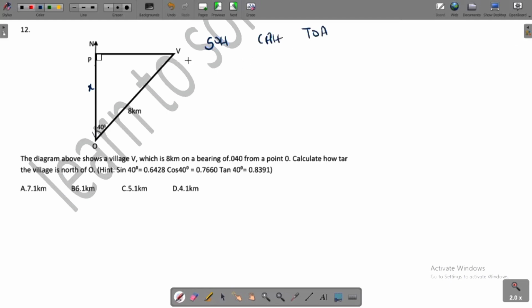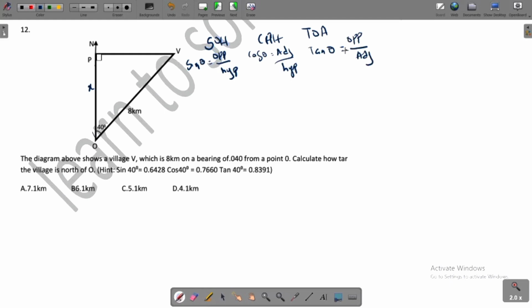This S represents sine theta, the O represents the opposite and the H the hypotenuse. C represents cos theta, the A represents the adjacent and the hypotenuse. This T represents tan theta, the O is the opposite and the A is the adjacent.